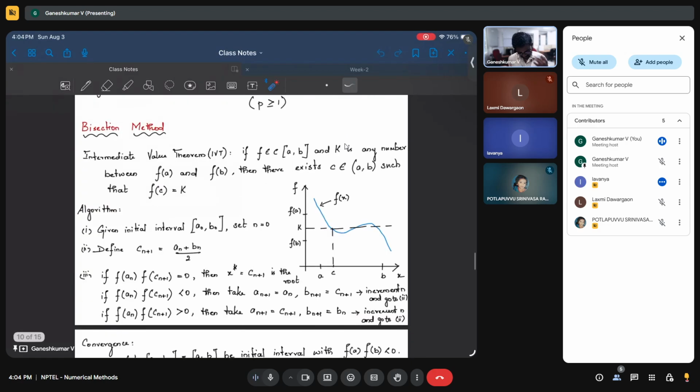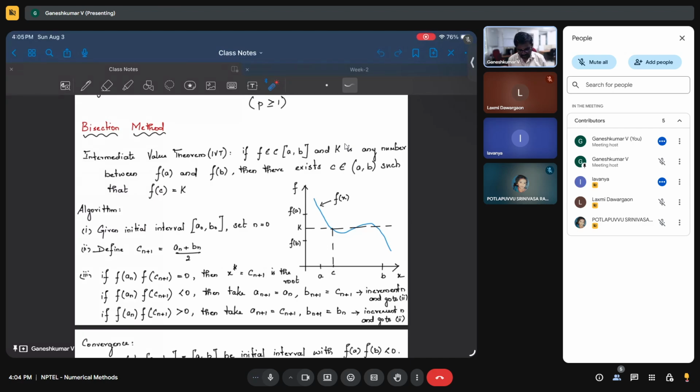The first method that we saw was the bisection method, and there is something called the intermediate value theorem. It looks like an obvious thing, but it just puts simple things in perspective. If a function varies like this, and your x value is between a and b, with the corresponding function values between fa and fb, then for a value c in between, the corresponding f of c will also be within the limits of fa and fb.